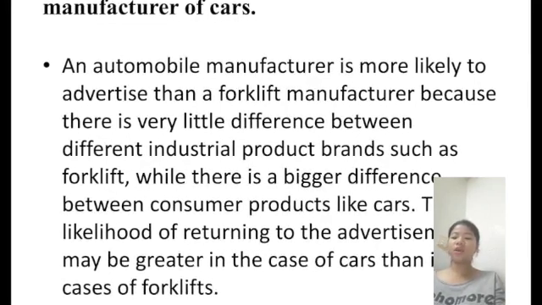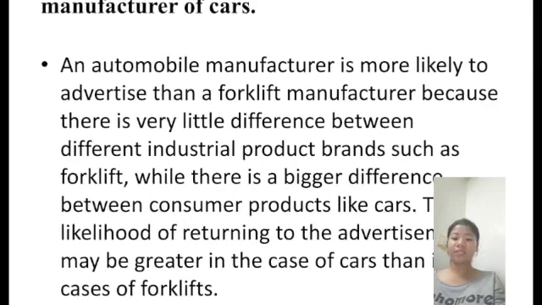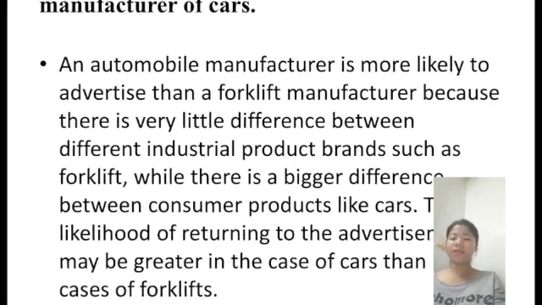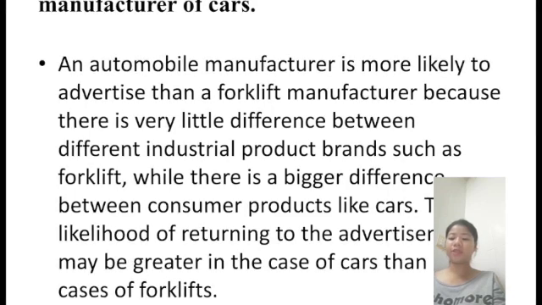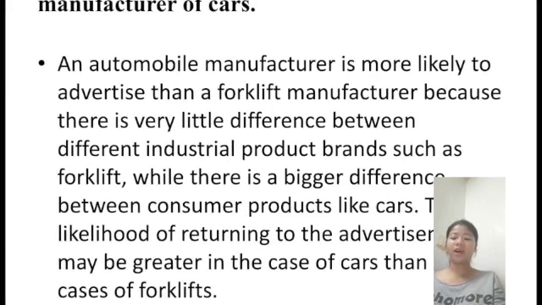The likelihood of returns to advertising may be greater in the case of cars than in the case of forklifts.